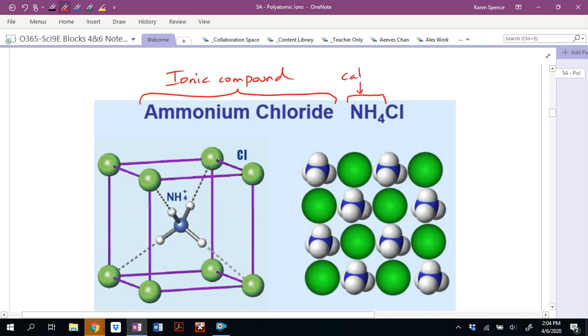So our cation is ammonium, and the anion is chloride. And every single ammonium has a +1 charge. So all of these guys here are all positive.